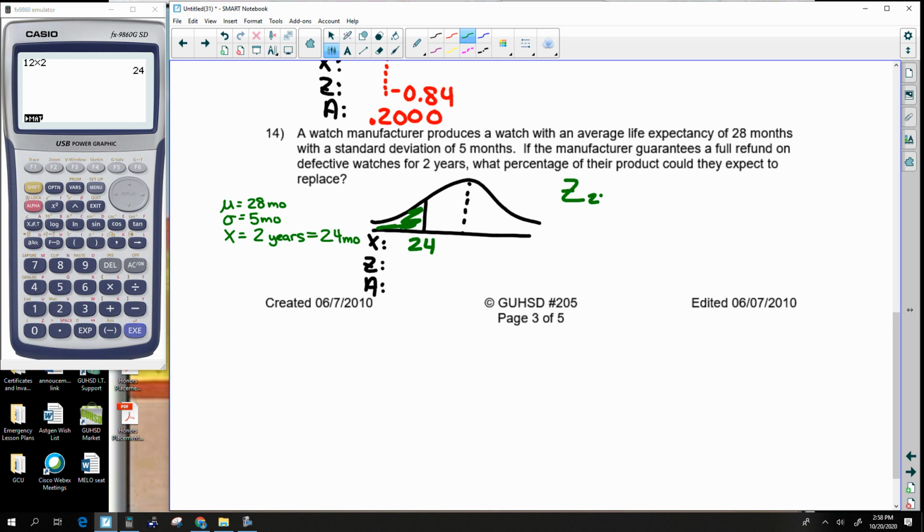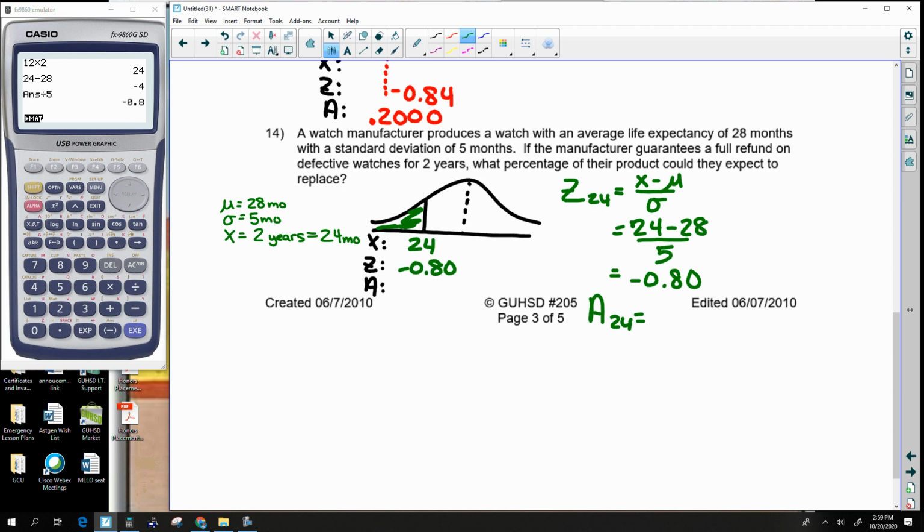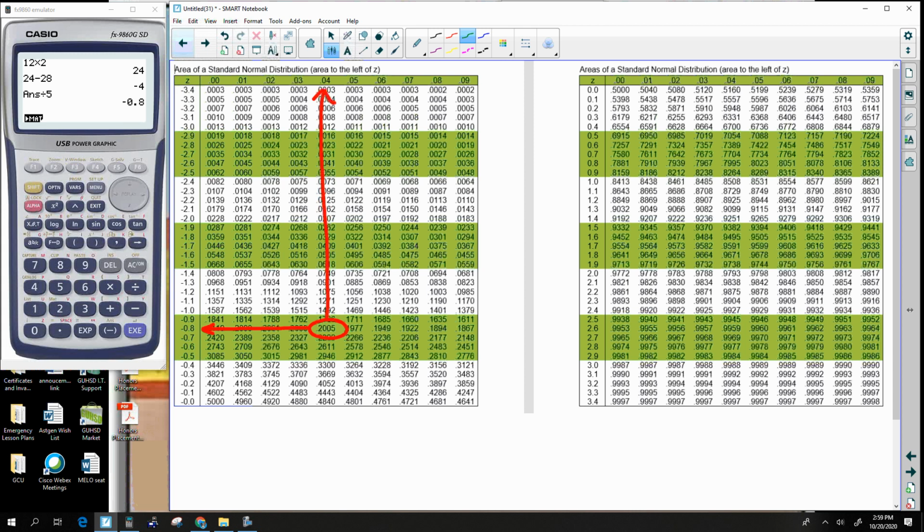The first thing that I do is turn that into a z-score. And then the area associated with that to the left of negative 0.80.